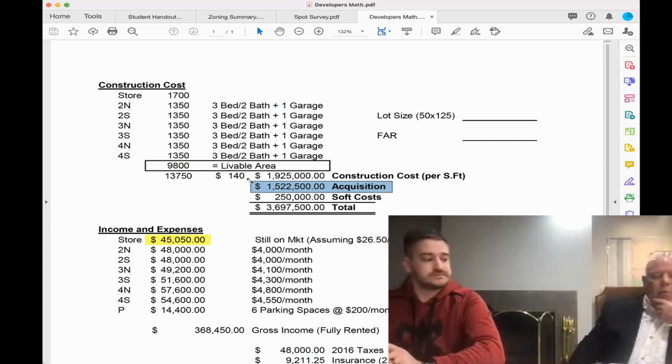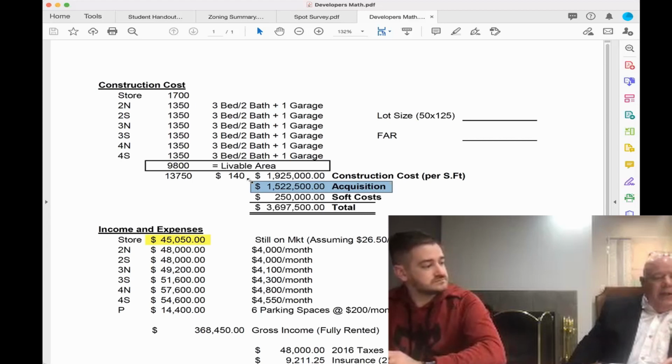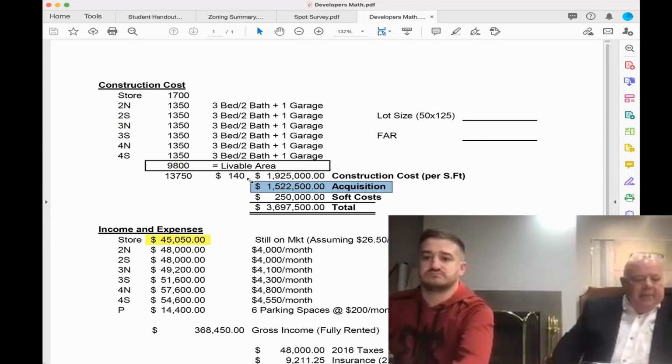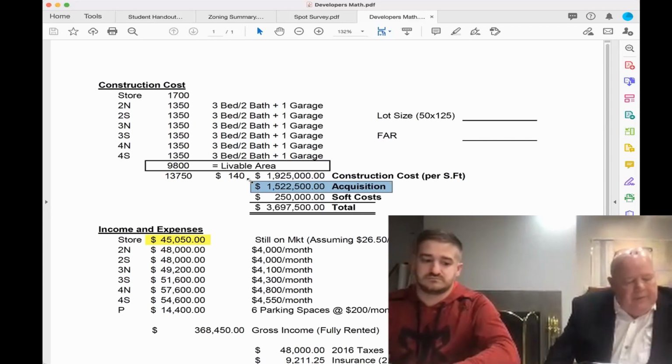Let me back up one because I asked a question and the units came in bigger. If you take all this, the actual units add up to 9,800 square feet.